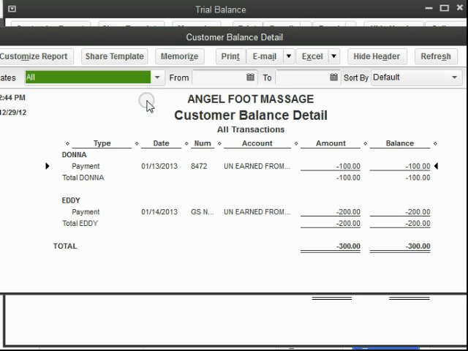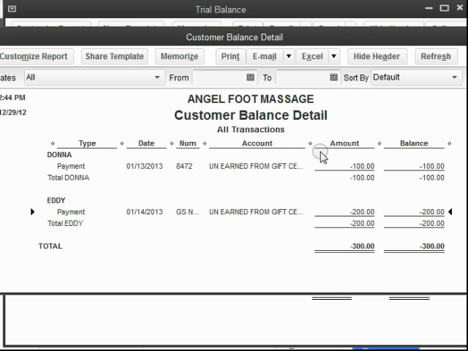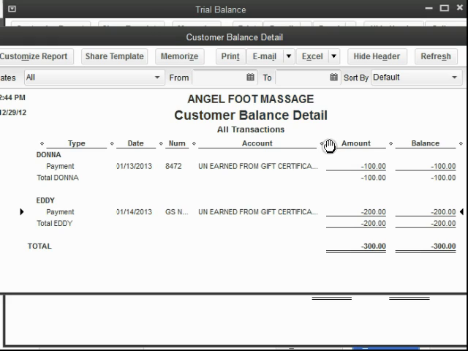You should also agree that if, for example, Eddie is the one whom we perform the service for, Eddie's balance should decrease. Instead of owing him $200 worth of service, if on January 15th, after this payment, we actually perform the service and earn the income, then Eddie's balance should decrease to a lower negative number as we will owe him less.